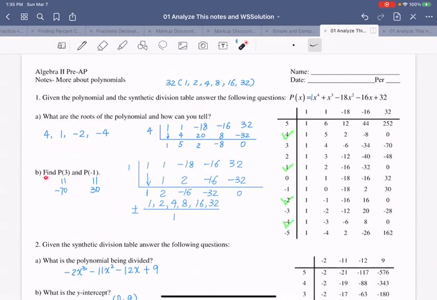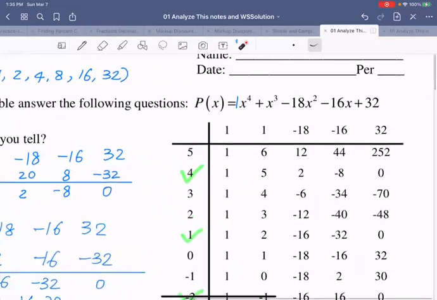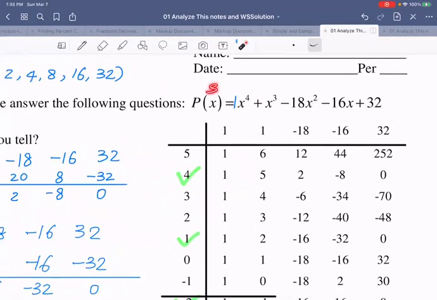Next one asks for P(3) and P(negative 1). For P(3), you can plug in 3 and do a quick mental math. P(3) is 3 to the power 4, which is 81, plus 3 cubed, which is 27, then minus 18 times 9, then minus 16 times 3, and then plus 32.